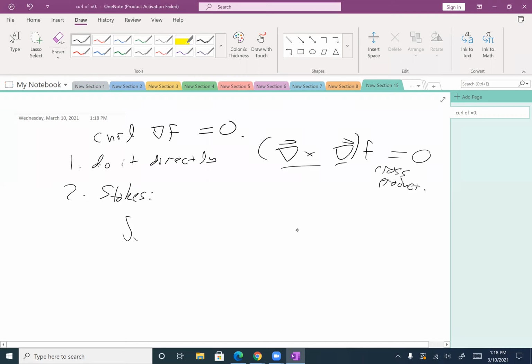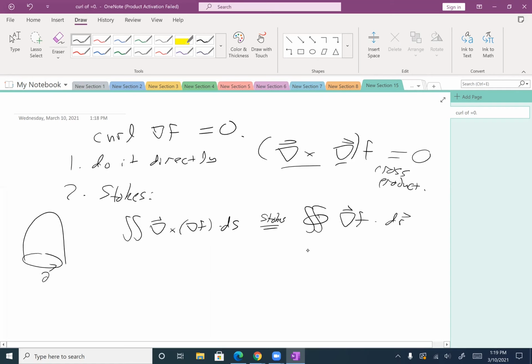If we look at Stokes theorem, we'll get a line integral along the boundary of that surface. But notice this is a line integral of a gradient, so we can actually use the fundamental theorem for line integrals. I think maybe we call this the gradient theorem. This is f of x, or f of r, whatever, x, y, z, evaluated at the end.